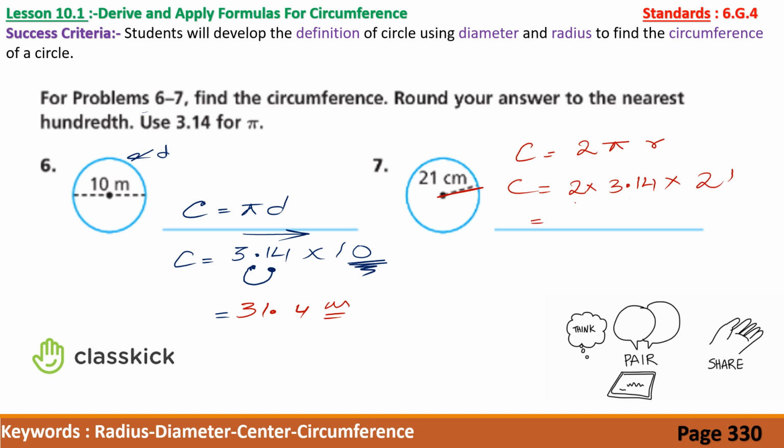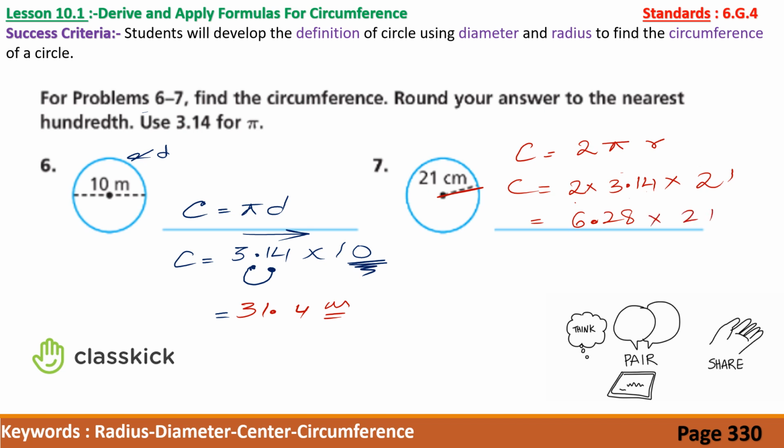We already have seen this multiplication. 2 times 3.14 will give us, or double this, 3 plus 3 is 6, 1 plus 1 is 2, 4 plus 4 is 8. Before also I have shown you how we can multiply 2 with 3.14.